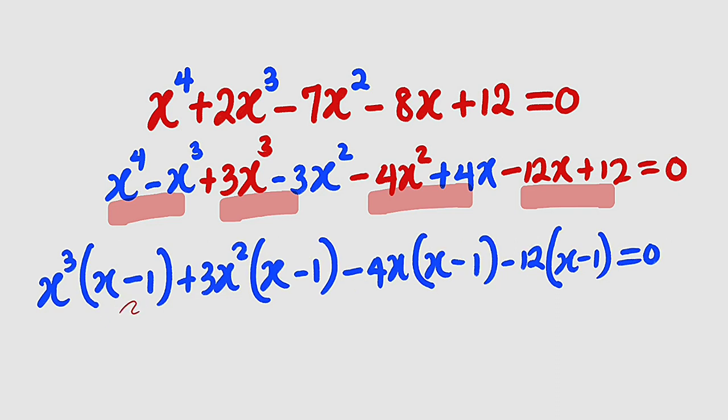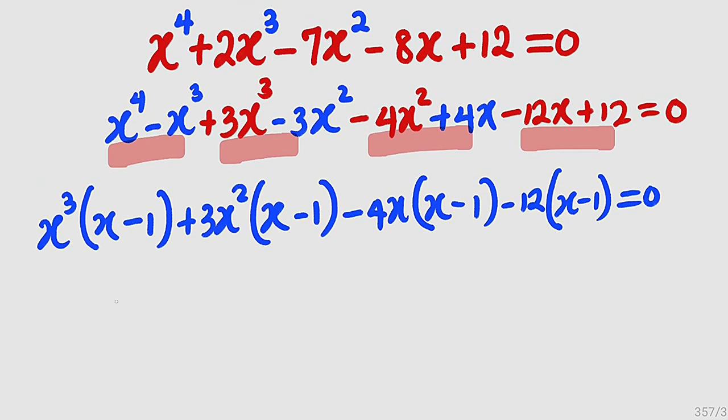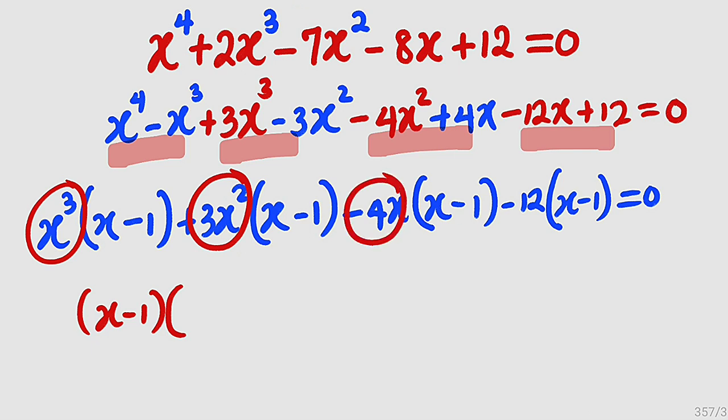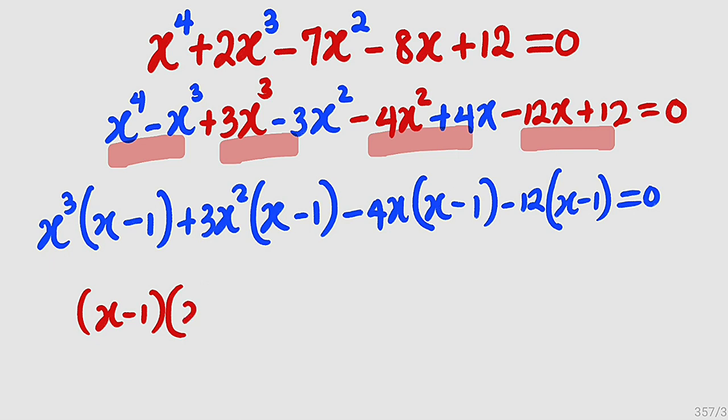So you can see that we have x minus 1 everywhere, and we can still factorize it. So we bring x minus 1 outside. Inside, from the first term, we have this plus this minus this minus this. That is x to the third power plus 3x squared minus 4x, then minus 12.